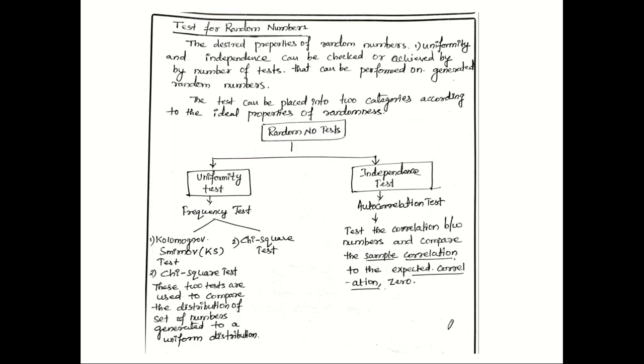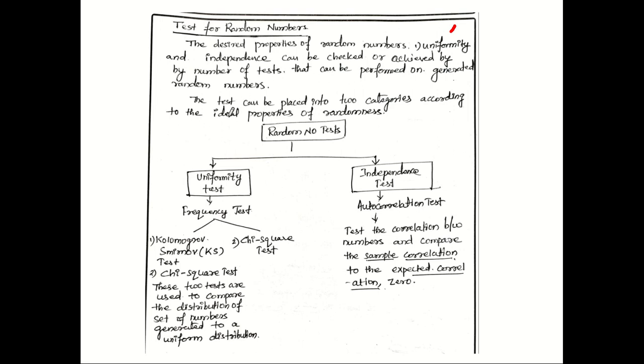In this section we shall discuss the tests for random numbers. The desired properties of random numbers are uniformity and independence. We can use different tests to check whether the generated random numbers satisfy the property of uniformity or independence.